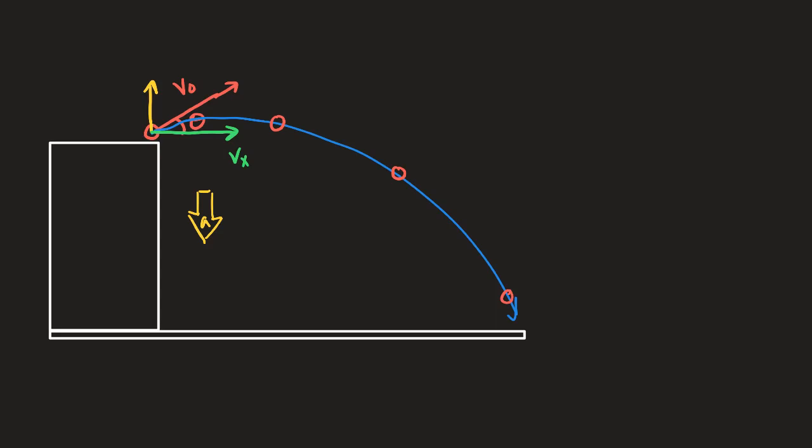But, and this might be the most important thing I say, it experiences an acceleration in only 1 dimension, which means that the horizontal dimension is unaffected by that acceleration. That means that the horizontal velocity of the object is a constant. It will stay the same.